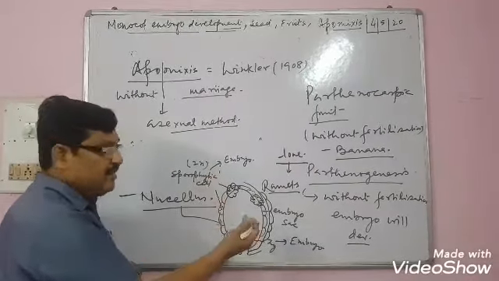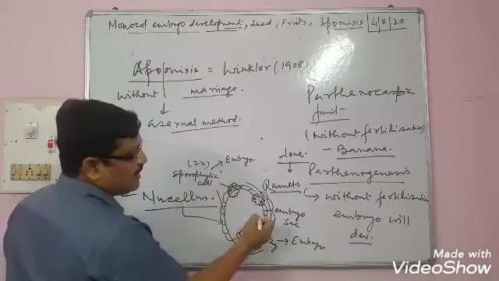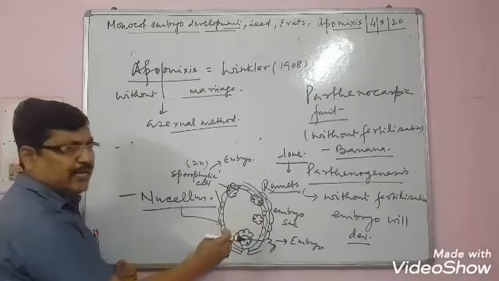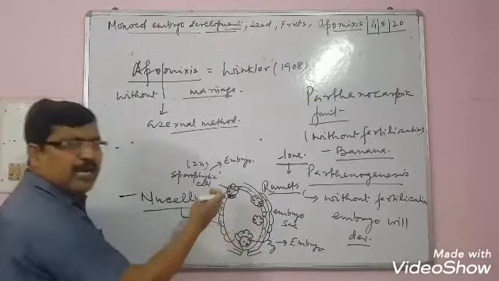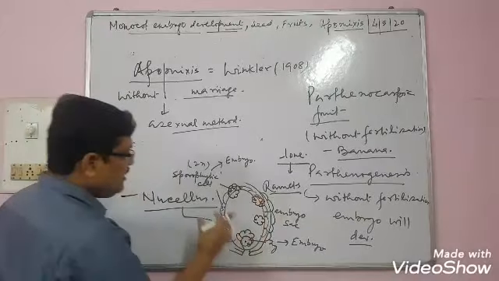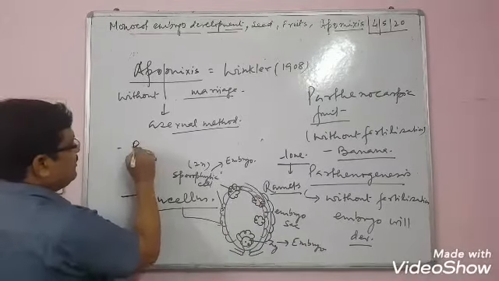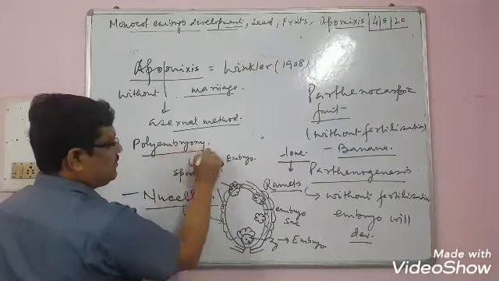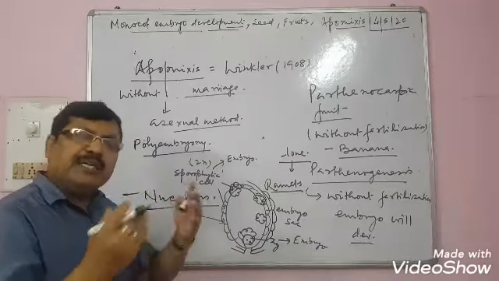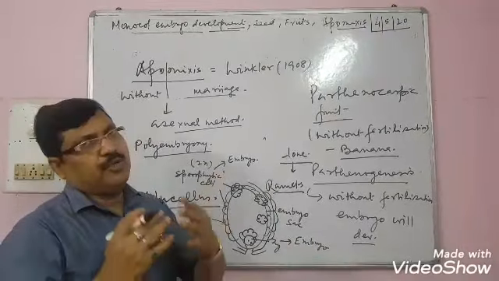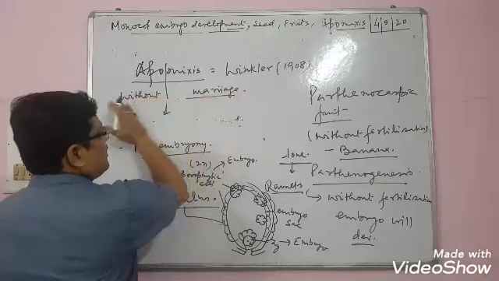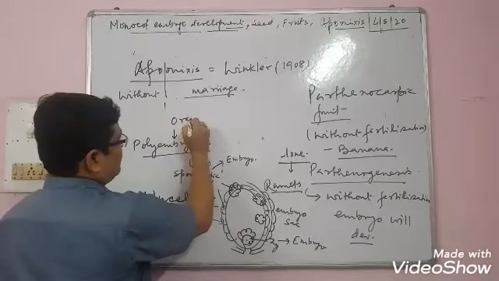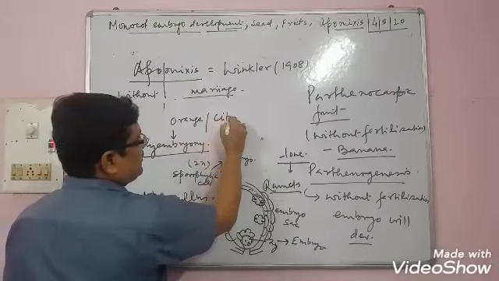They also divide, forming an embryo here too. So within a single embryo sac, many embryos are present, and this condition is called polyembryony, meaning many embryos within a single embryo sac. This phenomenon is generally visible in case of orange or citrus.